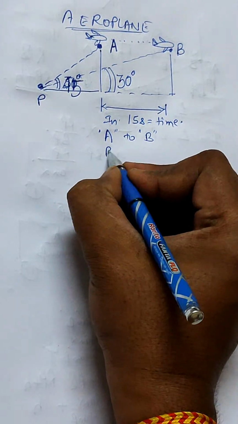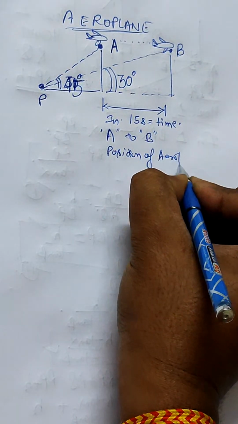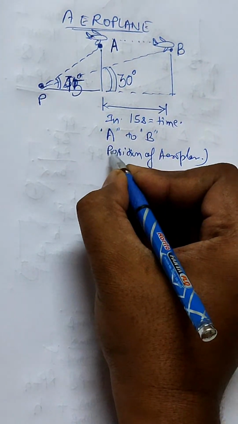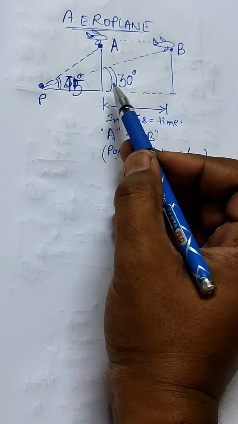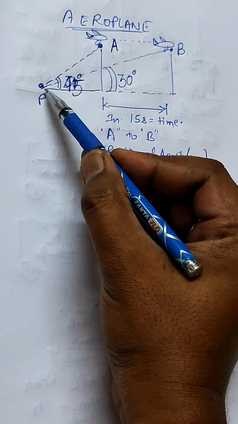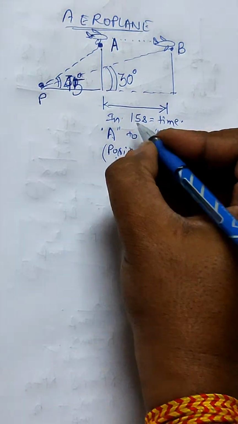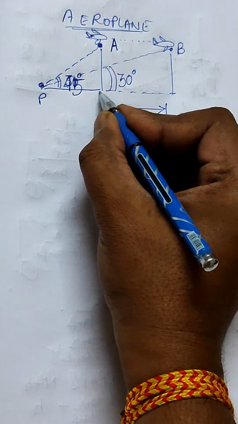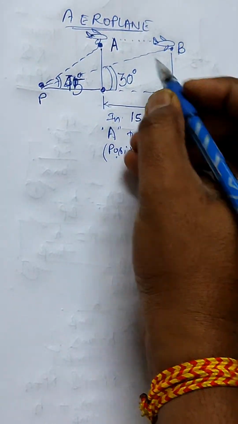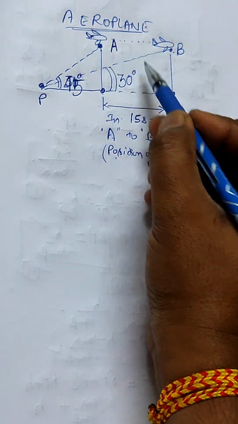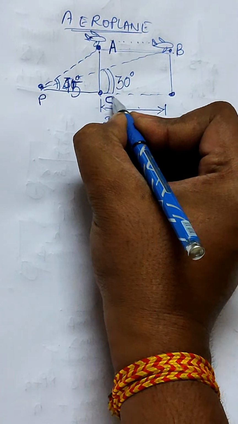Initially the angle of elevation from this point P was 45 degree, and after 15 seconds the time taken from here to here is along a line parallel to the ground. You can see A to B, and let's say this is C to D.